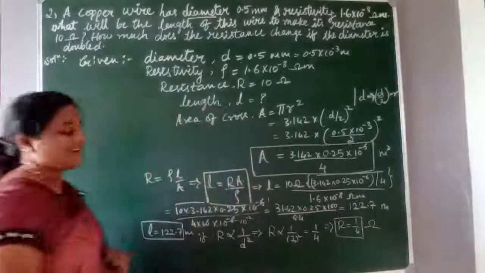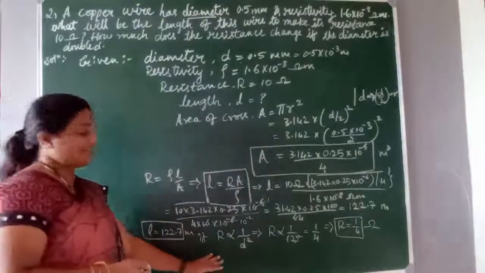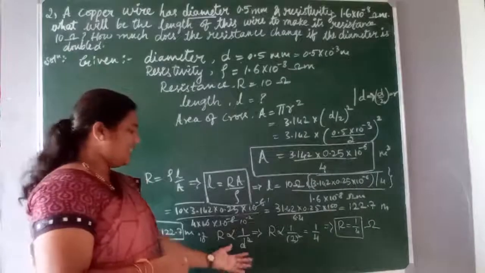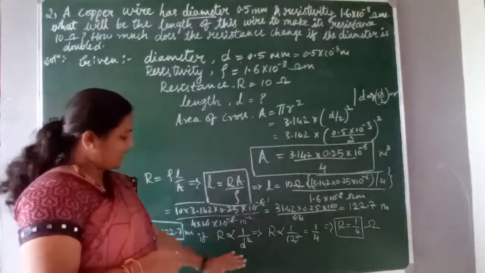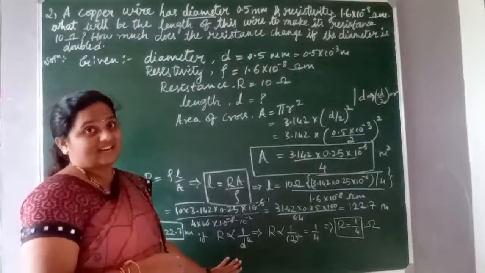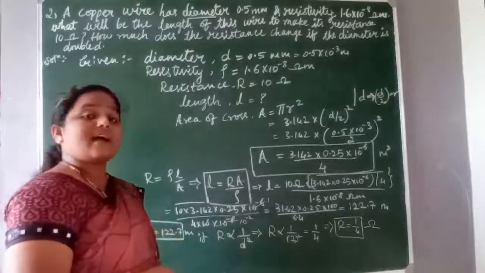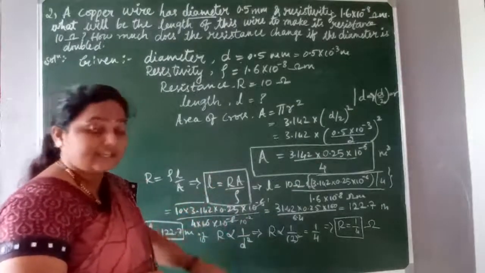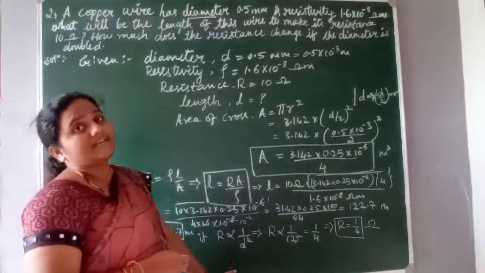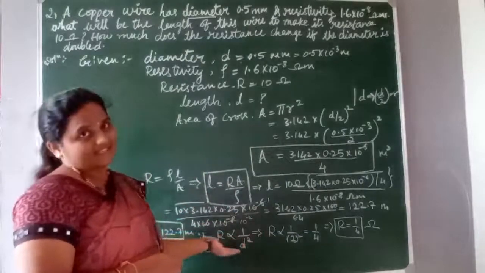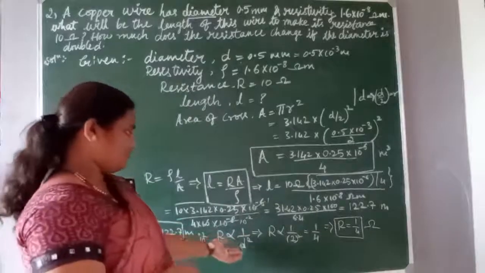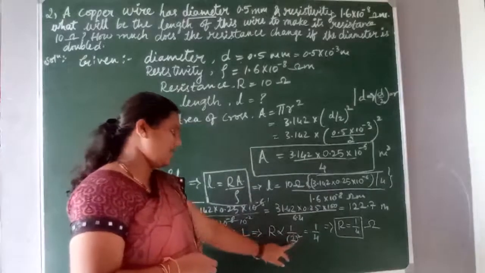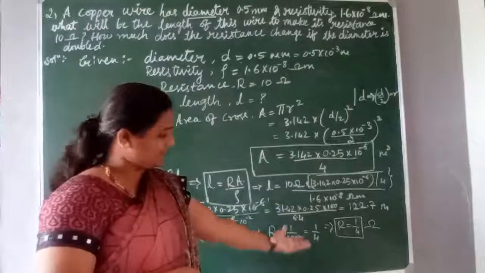Isn't it, children? Yes, that's why I explained this clearly while explaining the factors affecting resistance. Suppose the diameter has doubled, or tripled, or reduced to half, what will be its resistance? If the diameter gets doubled, we have to make it 2, and 2 squared is nothing but 4, so 1 by 4th.